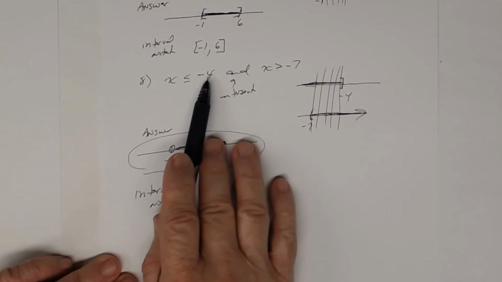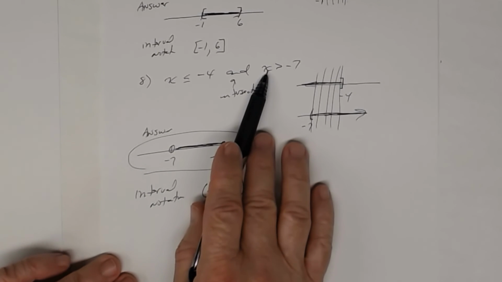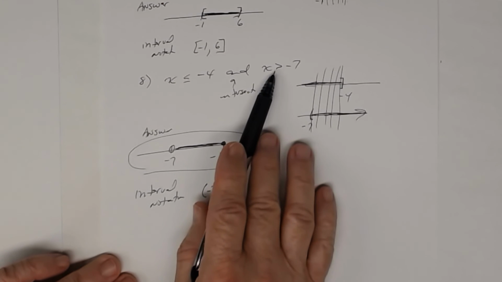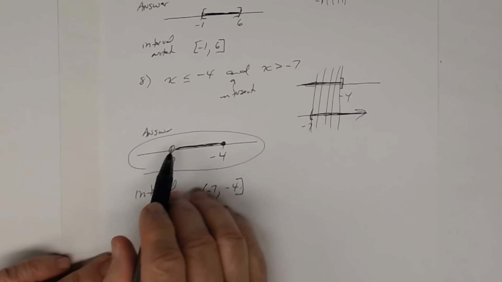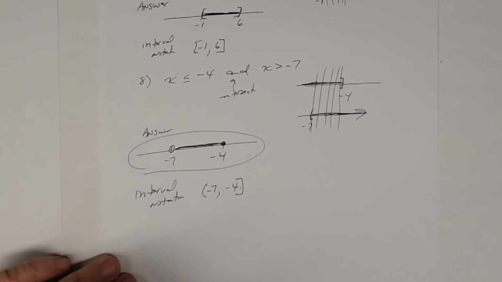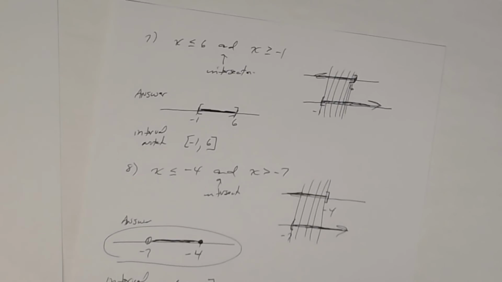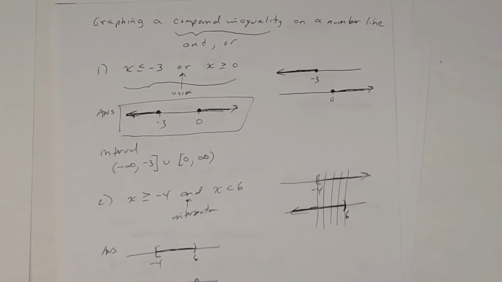The answer is yes. Is -7 greater than -7? No. -7 is equal to -7. So that's why you put parentheses here or an open circle on the number line. All right. Okay. So that is the objective on graphing a compound inequality on a number line.